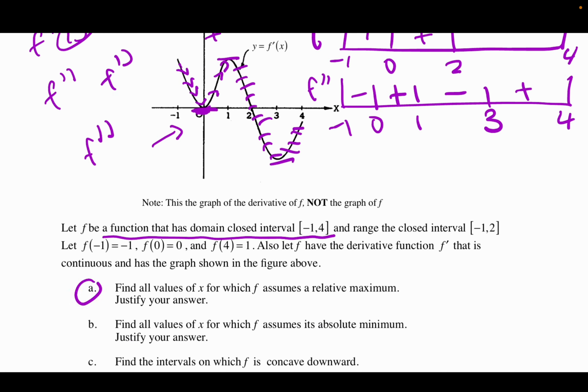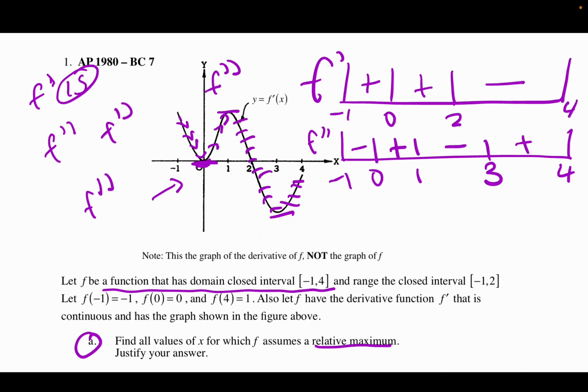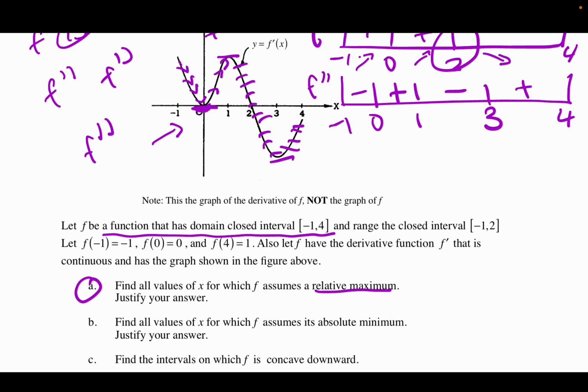All right, find all values for which it assumes a relative maximum. We find that through the first derivative. So we know that my function's going up, up, down. So this would be a relative maximum. So there's a relative maximum at x equals 2, and I want to justify my answer even if they don't ask me, because I know that f prime of 2 equals 0.